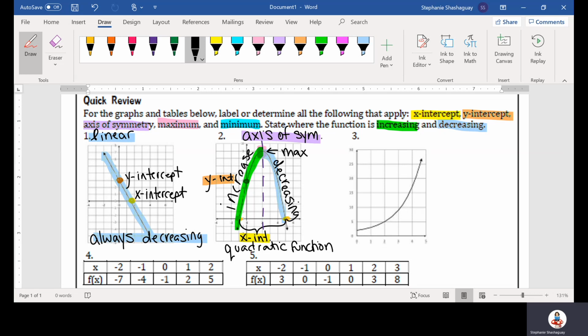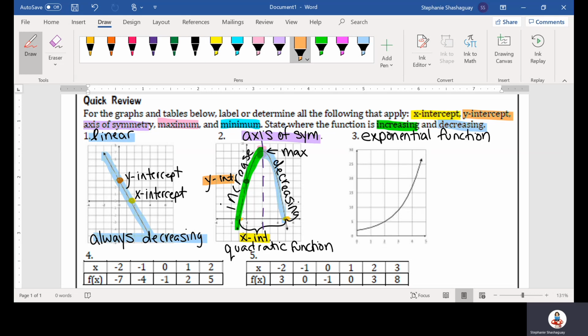All right, in number 3, we have an exponential function. We do not have an x-intercept because the asymptote would be 0 and it's never going to touch 0.